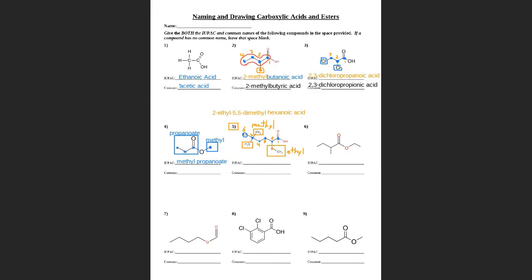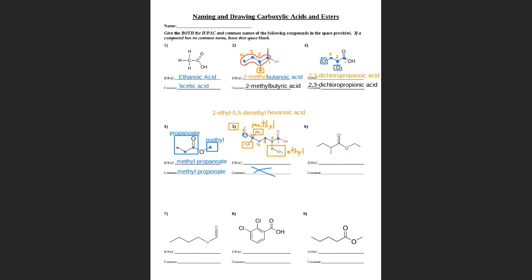So it'd be methyl propionate. And as I said before, there's not really anything you have to worry about with a common name for a 6-membered ring. I think there actually is a common name for it, but it's not that common. So you don't have to worry about it.